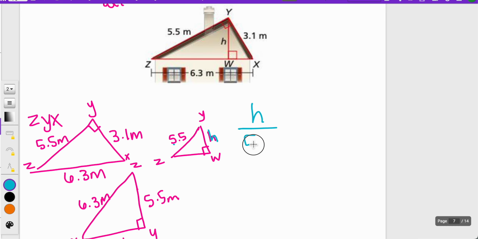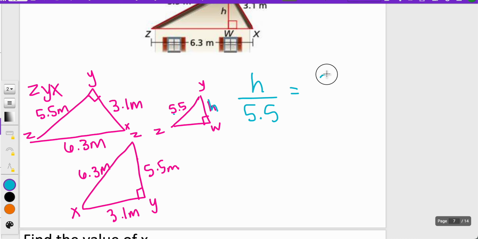H over 5.5, and then 3.1 over 6.3. So this is another way that you could set it up too. H to 5.5, and then 3.1 to 6.3 is our two matching or corresponding sides.